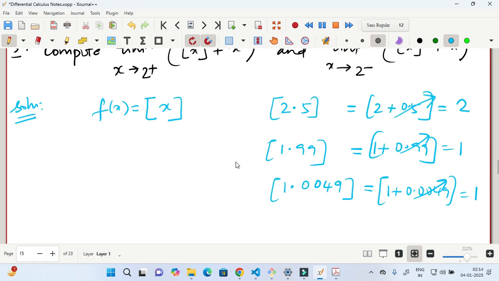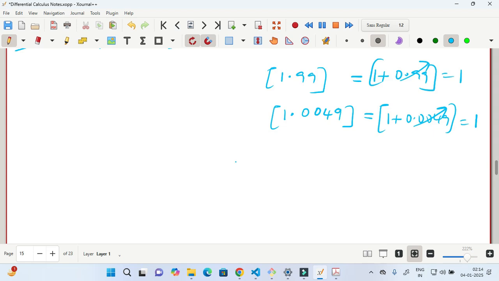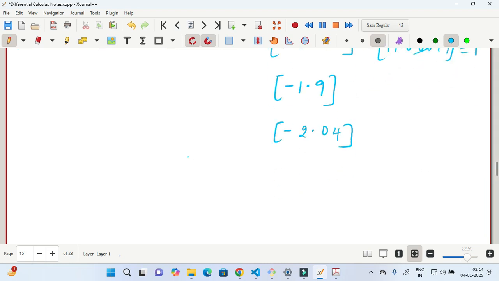Next we'll check the negative values. Minus 1.9, minus 2.04, minus 0.59. You have to consider whether to take the higher value of the integer or the lower value. You have to consider the lower value of the integer.